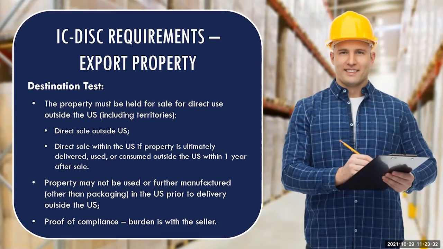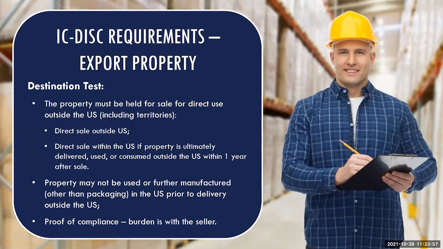That distributor is located in the US, and that distributor then sells to a foreign customer and exports the property. The manufacturer in this case can use that sale to the distributor for IC-DISC purposes, as long as the sale from the distributor to the customer, the export, takes place within 1 year.